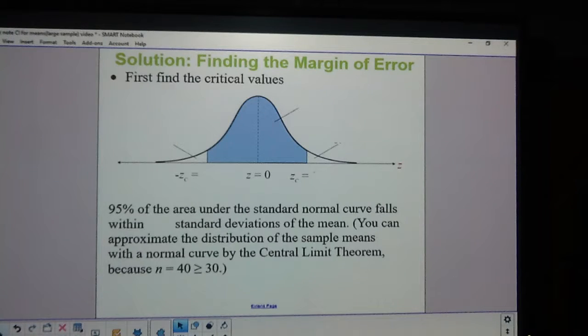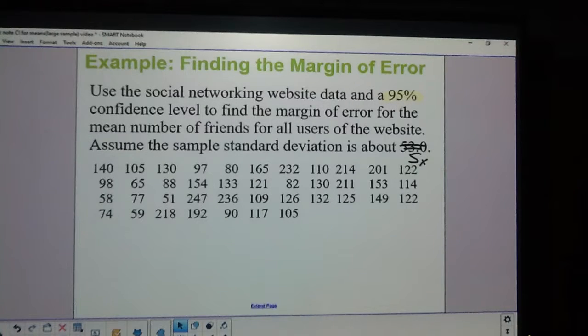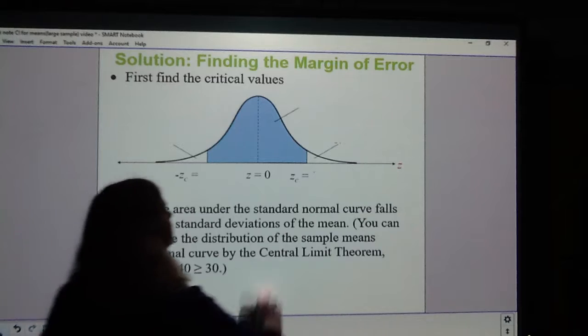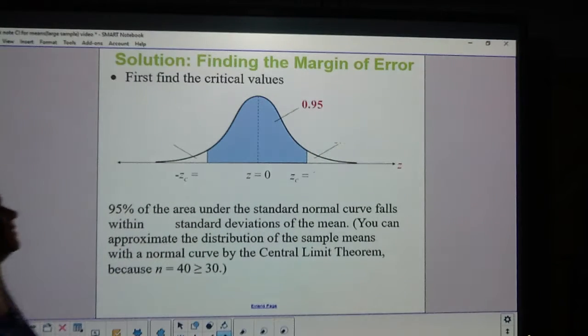So first, the critical values. Remember, the confidence level is 95. So this is 0.95. So the two tails together are 0.05. So one tail is 0.05 divided by 2, or 0.025.